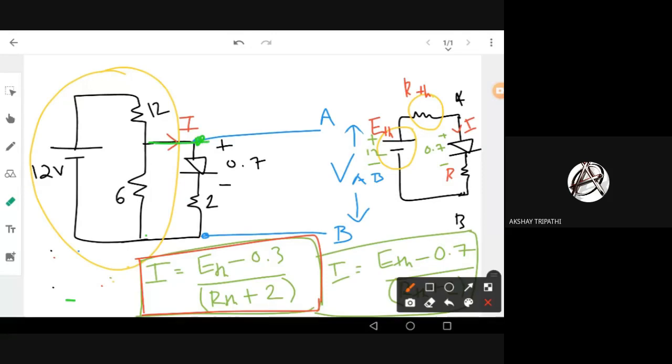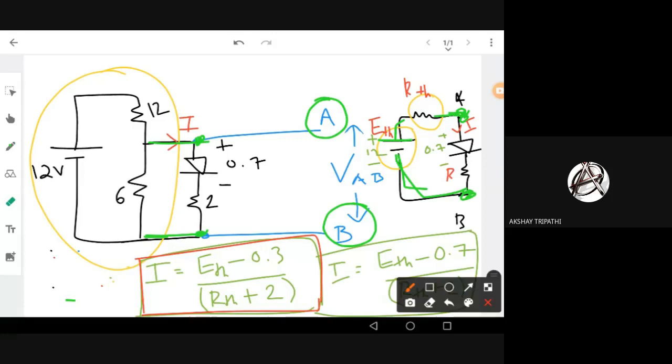This diode circuit I have taken itself as the output node, right? The other part of the circuit I have modeled using Thevenin's theorem. So I applied Thevenin's theorem here. This A and B portion I kept as such. All the rest of the circuit, which can be very complicated, I just model into a simple voltage source and a series resistance.